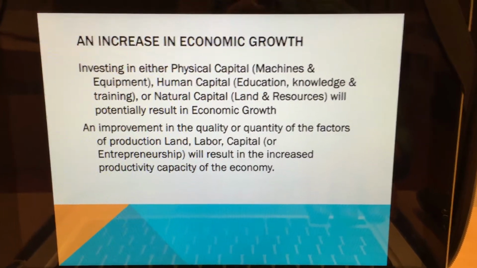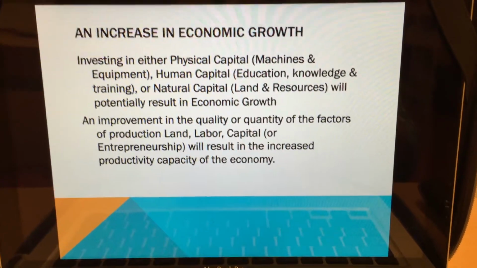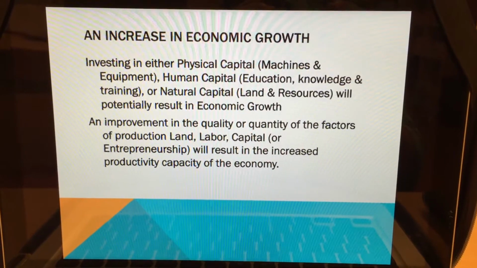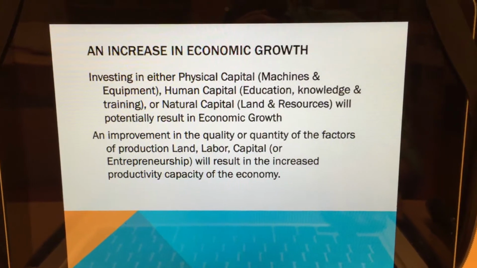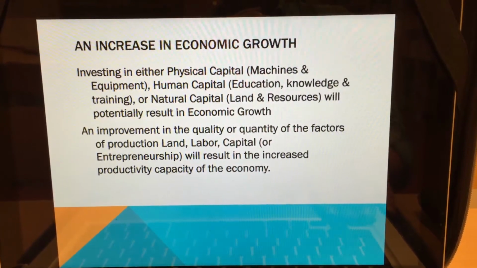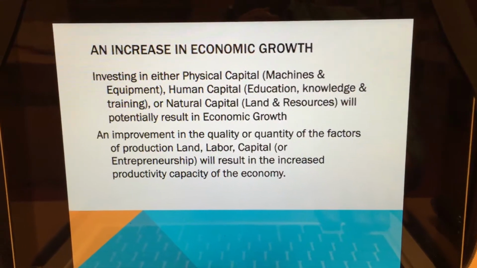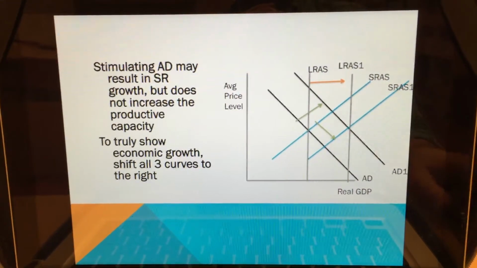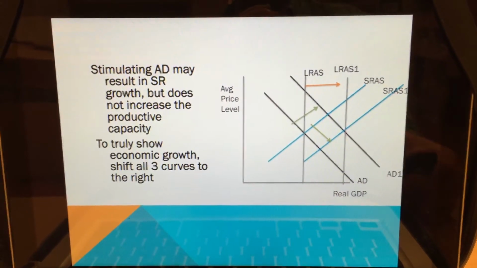All right, when we conceptualize economic growth, what does this really look like? How does this really work? So if, for example, we invest in capital and machines, if there's increased levels of investment, if we went back to this diagram here, aggregate demand would shift.